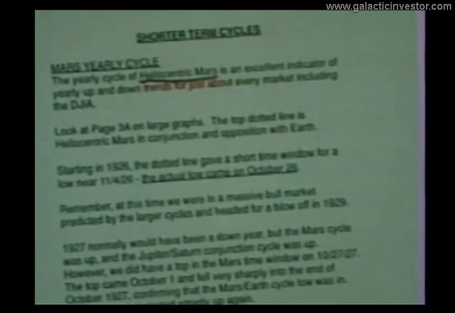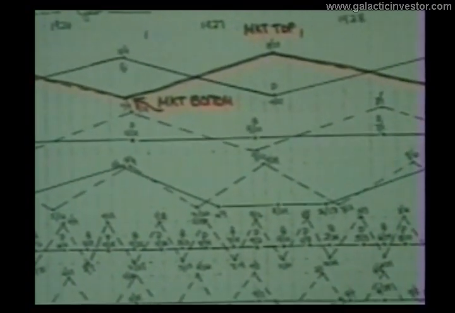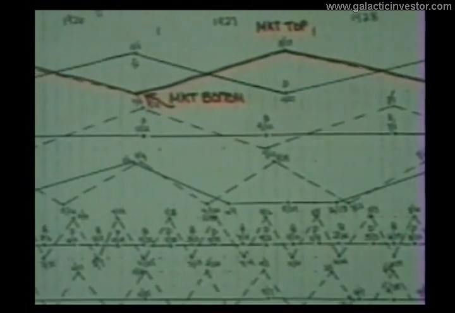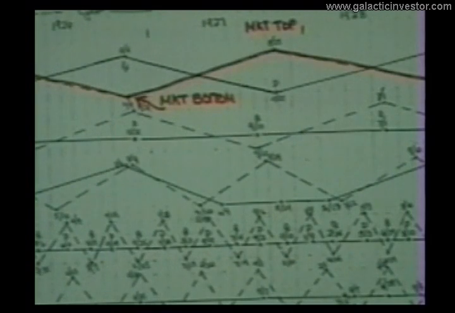The reason I'm looking at heliocentric Mars is because if you look on your next sheet, the handout that I gave you, page 3A, 1926 to 1932, of the extra little handout sheet, you will see the cycles of Mars.